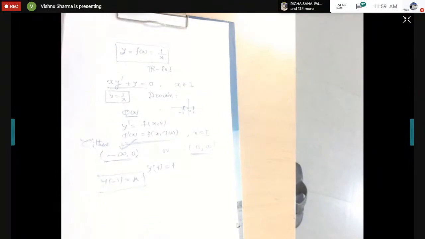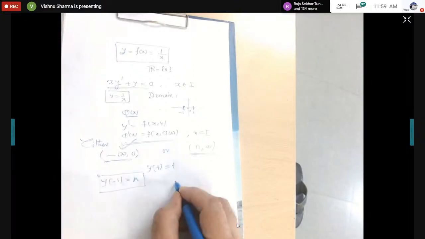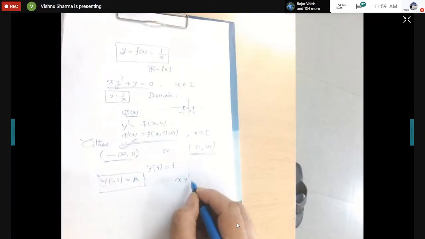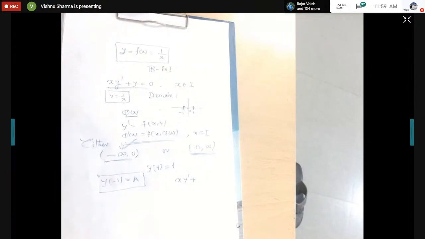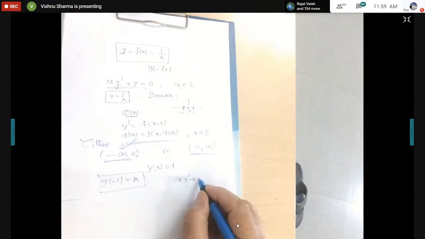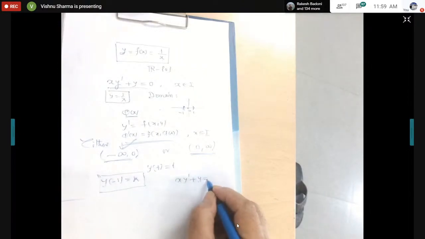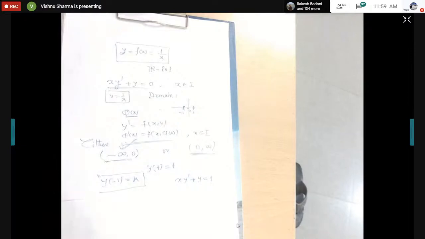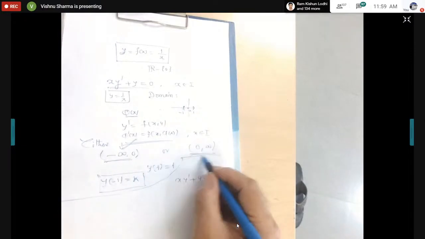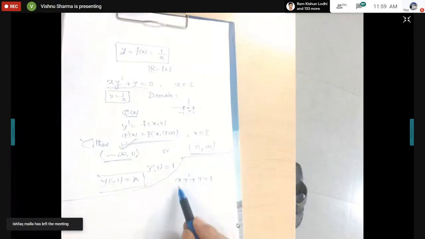So now we proceed further. You see, if x y dash plus, say, let me write y is equal to 1. Now, what about x is equal to 0? It is a singularity of the differential equation.